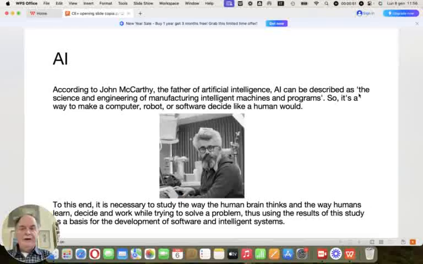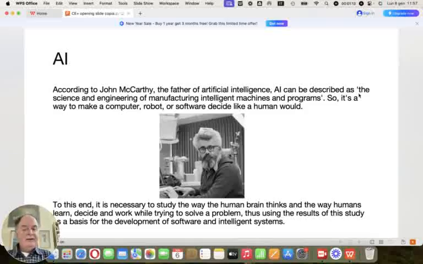According to John McCarthy, the father of artificial intelligence, AI can be described as the science and engineering of manufacturing intelligent machines and programs. So it's a way to make a computer, robot, or software decide like a human would.